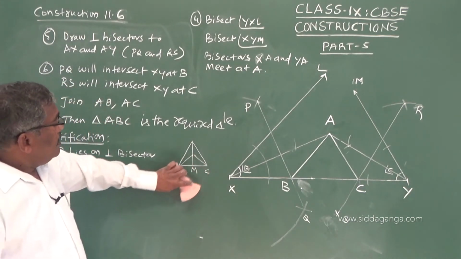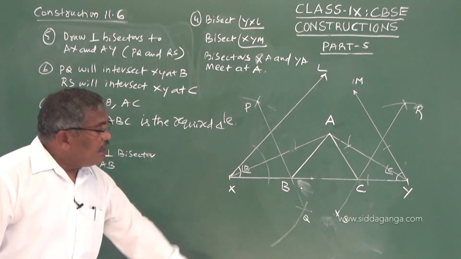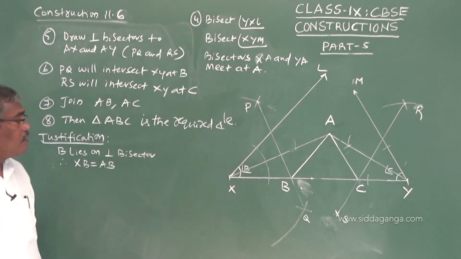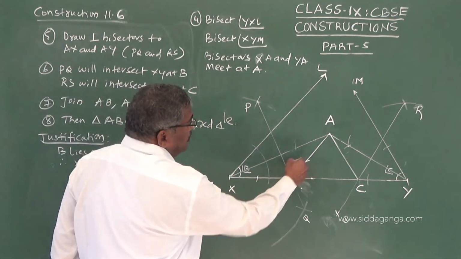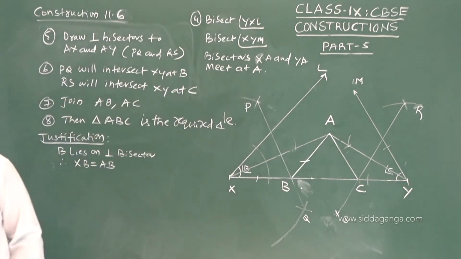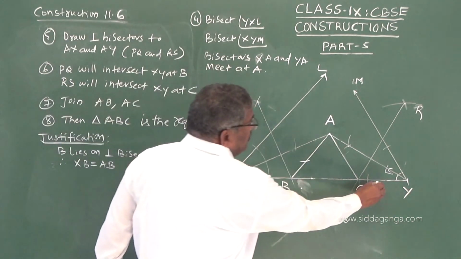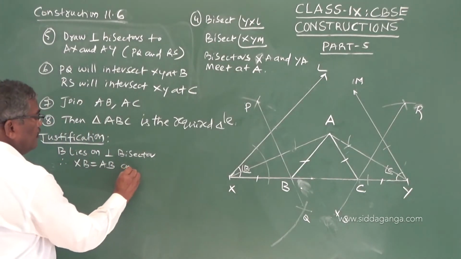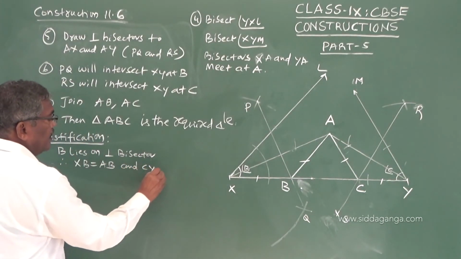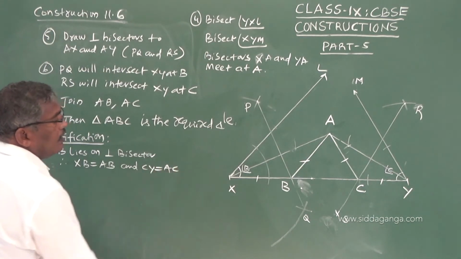This is based on similar triangle and congruent triangle principles. XB equals AB. So this will be equal to this. Similarly, CY will be equal to AC.